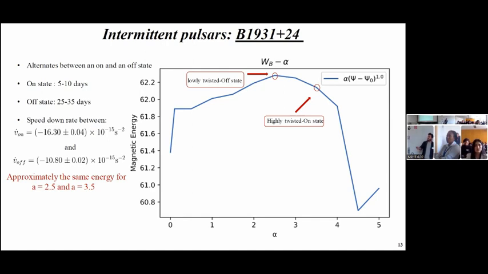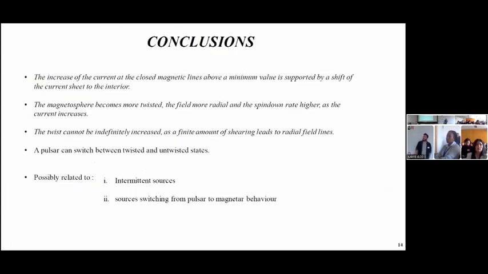of this specific intermittent pulsar, then we will see that maybe the two states, the off state and the on state of the pulsar, have a connection with the lowly twisted magnetosphere and the highly twisted magnetosphere. So, as a conclusion, we can say that the increase of the current of the closed magnetic lines above the minimum value is supported by a shift of the current sheet to the interior.